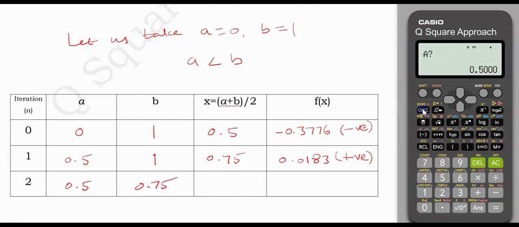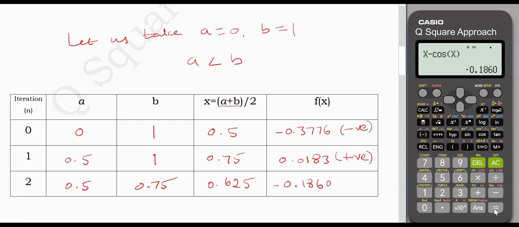Now press calculation button. The value a is 0.5 and value b is 0.75. Then x is equal to 0.625. The function value is minus 0.1860. This is negative, and the previous value is positive. The root is between 0.75 and 0.625.